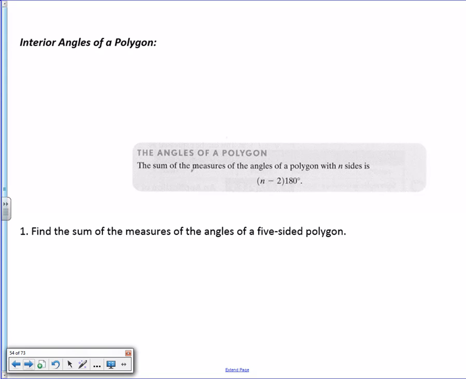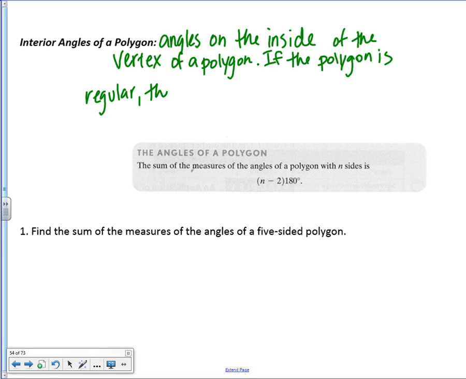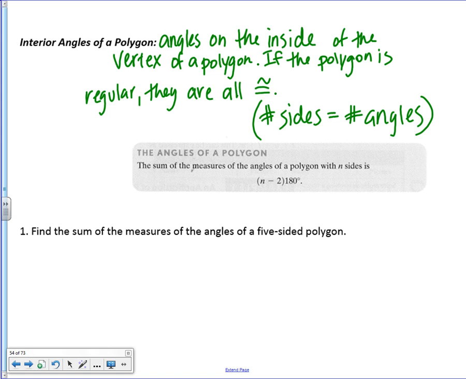I've got a pretty lengthy definition here for you, so I'll go ahead and write it, and then you can copy it down. Alright, so here's your definition.